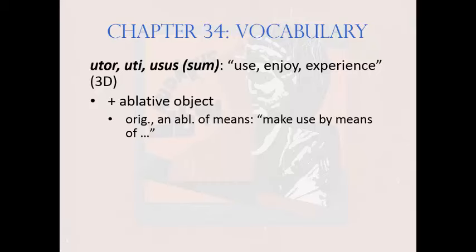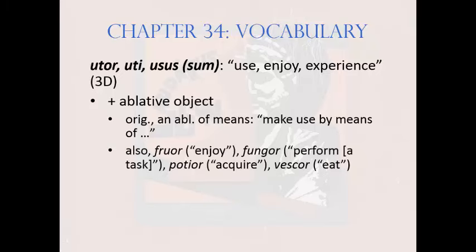utor, which gives us a new grammar question, but one that applies only to this one verb. True, 4 other verbs in Latin take ablative objects: fruor, enjoy; fungor, perform, as in perform a task; potior, acquire; and vescor, eat. But you don't need to know those 4 in this class, only utor, which in the first person singular future with an object, as in, I will use it, would be what?